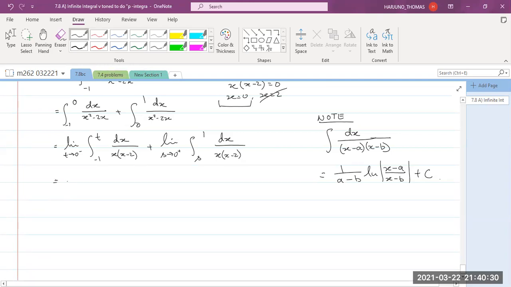Okay, so the way I see it, this will be limit t goes to 0 from the left-hand side of 1/2 natural log of x minus 2 over x from -1 to t, plus limit s goes to 0 from the right of 1/2 natural log of x minus 2 over x from s to 1.